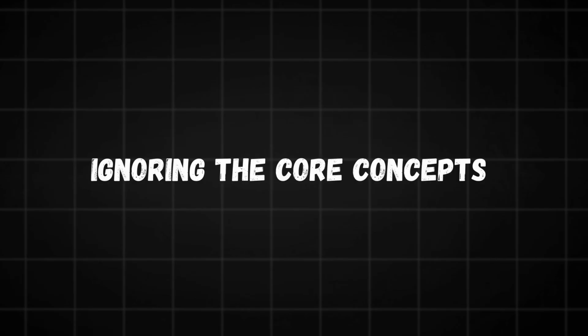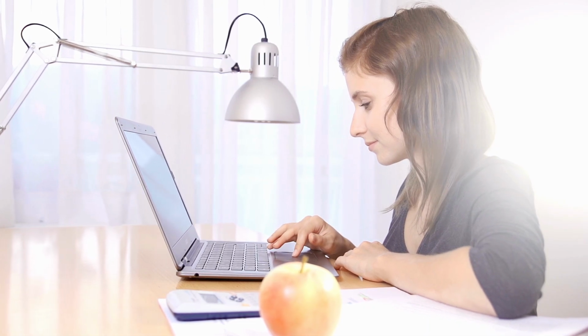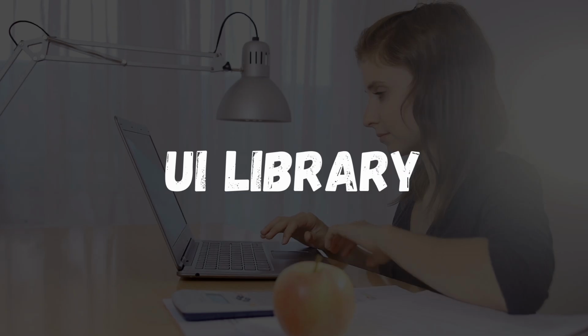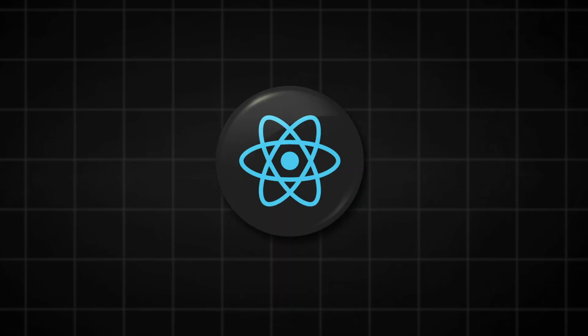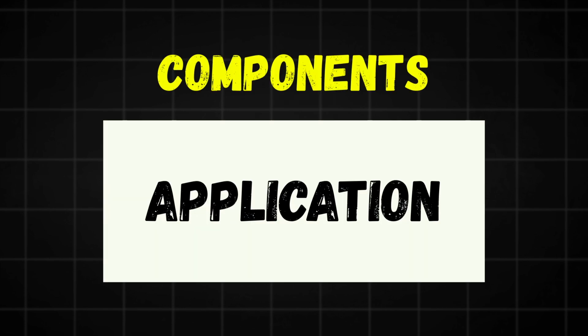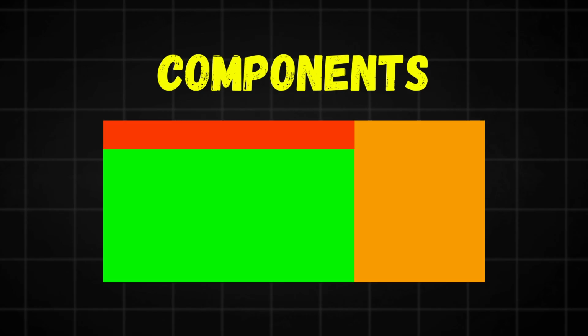Mistake number 3: ignoring the core concepts. Many beginners jump directly into frameworks or UI libraries without understanding the core React concepts. React is built on just a few pillars: components, props, and state. Components help you break your app into small reusable parts.